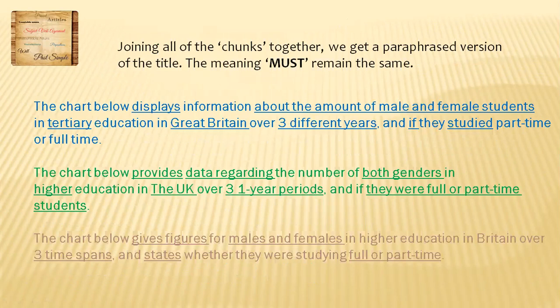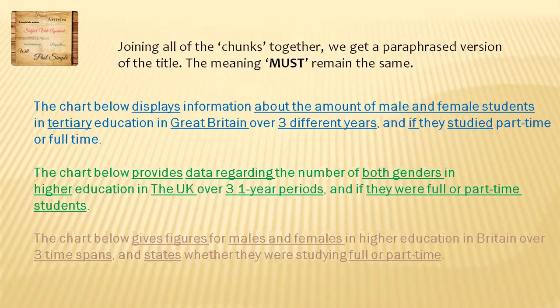The chart below displays information about the number of male and female students in tertiary education in Britain over 3 different years, and if they studied part-time or full-time. The chart below provides data regarding the number of both genders in higher education in the UK over 3 one-year periods. And if they were full-time or part-time students.